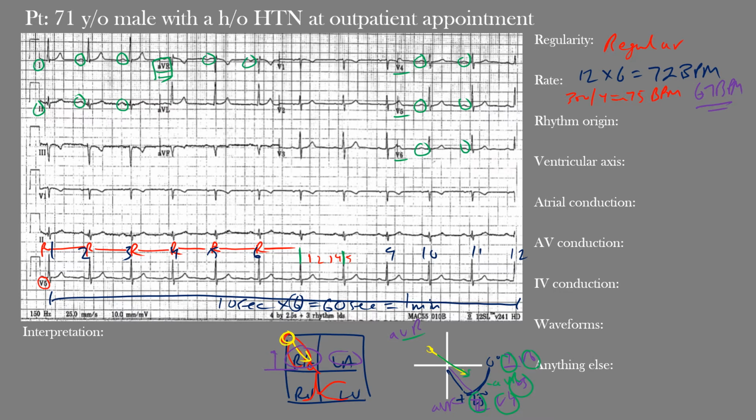There's a few other things that would push us towards that, and that's seeing P waves that have similar morphology. All these P waves throughout, if you looked at them, have the same morphology, so we're not dealing with any ectopic atrial rhythm. In addition, we want to have a P wave coming before each QRS complex. So if you look here, we'll look at V5. Here's a P wave, and then we have our QRS complex, a P wave, and a QRS complex.